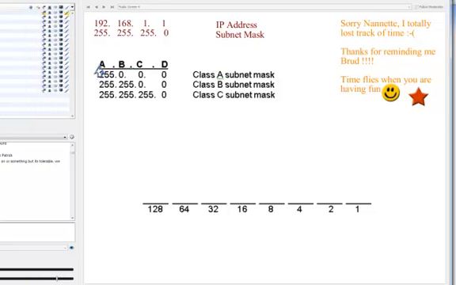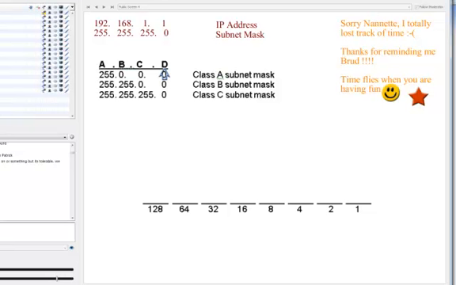Now, like I said, there's 4 components for an IP address. 1, 2, 3, 4. So you could almost think about it as A representing the first component, dot B for the second component, dot C for the third, dot D for the fourth.